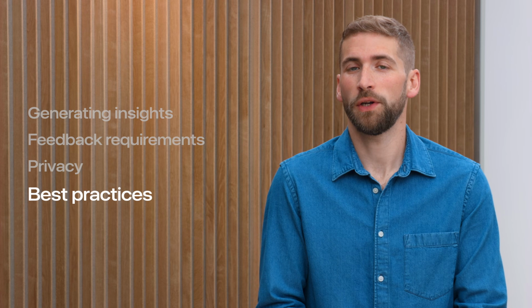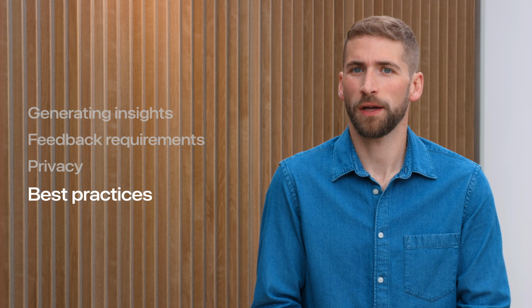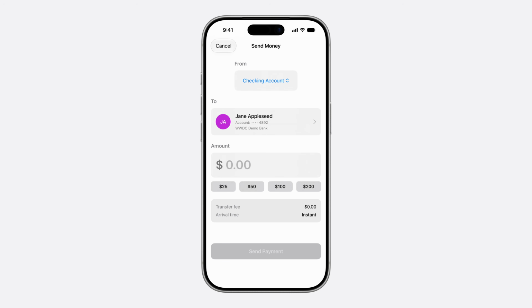Trust Insights has been in use within Apple's own services, and there are some practical recommendations to share. Here's an example. A user is setting up a large money transfer to someone claiming to be a doctor treating a family member. Behind the scenes, the app has requested a Trust Insight.